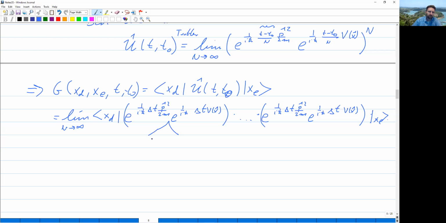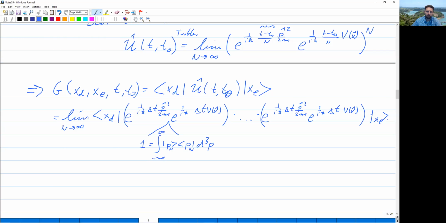So here we insert the resolution of the identity in terms of momentum vectors. This is all in 3 dimensions. So let's call it n, and then d3p, minus infinity to infinity.